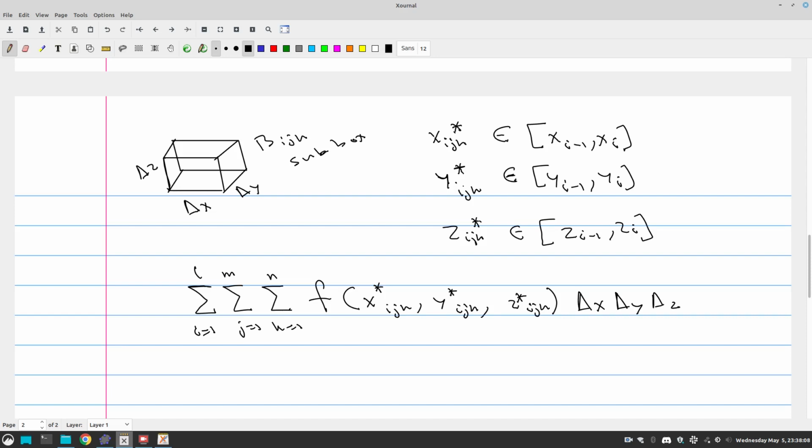Of course this sample point is in the box Bijk. Now delta x delta y delta z can be written as delta V.